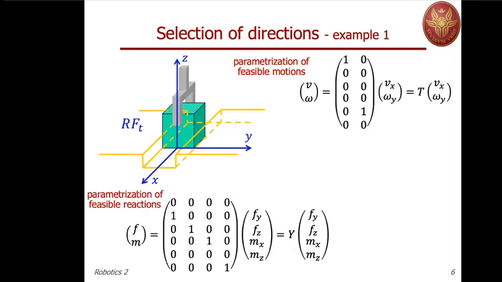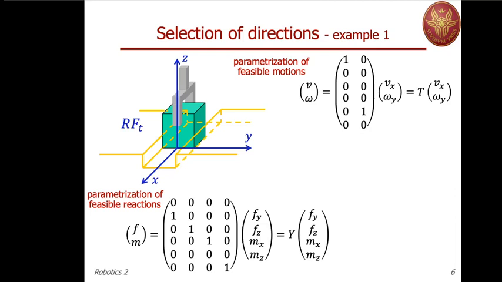In a complementary way, we can parameterize all feasible reactions, so the directions along which the environment is able to produce forces or torques. And as we see, these are the linear direction y, the linear direction z, the angular direction x and the angular direction z.